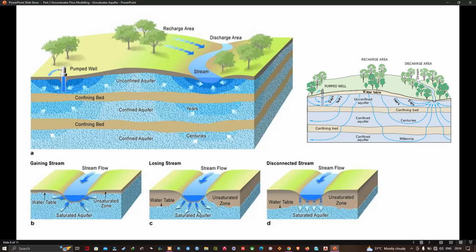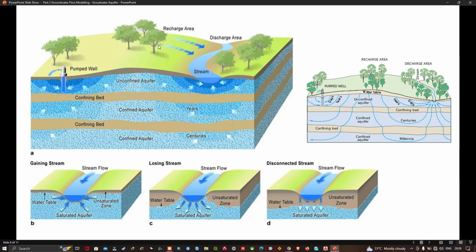Taking another example from this figure, we can find two types of aquifers. One is unconfined, followed by a confined aquifer, and below we have another confined aquifer. So the first one is called an unconfined aquifer, and the second and third are confined aquifers. From this figure, you can see that the unconfined aquifer gets recharged from rainfall.